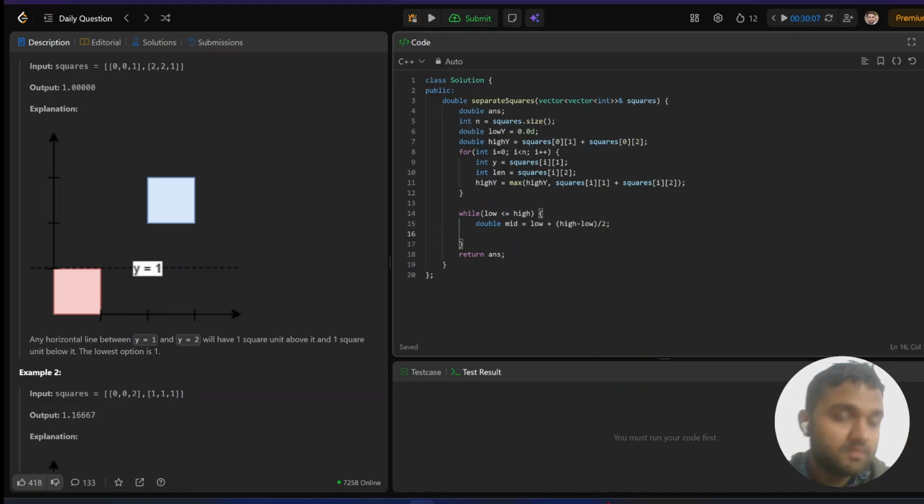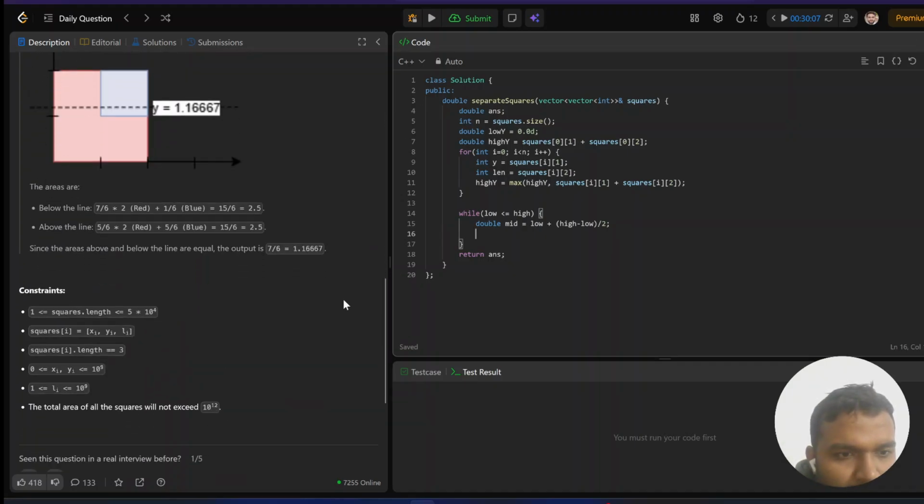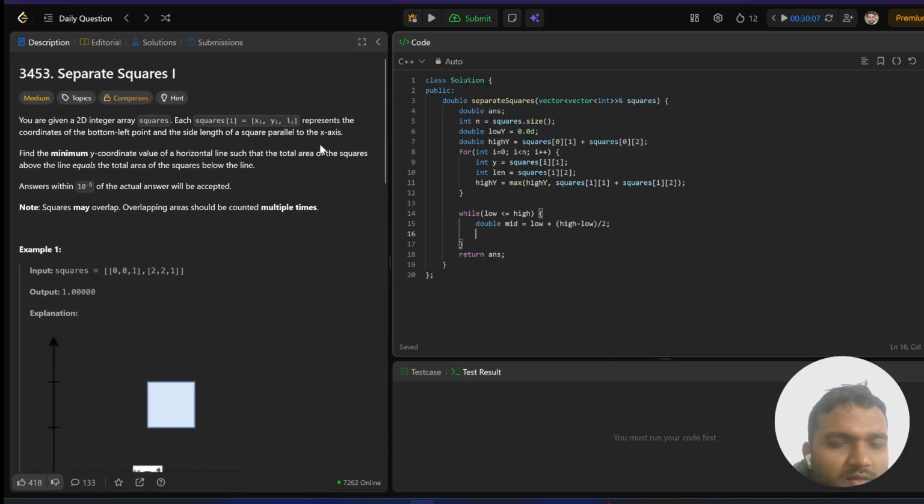That's not my problem. So I will do what? Each coordinate will be in decimals. Okay, don't think about that. So there is a double function that will calculate what?